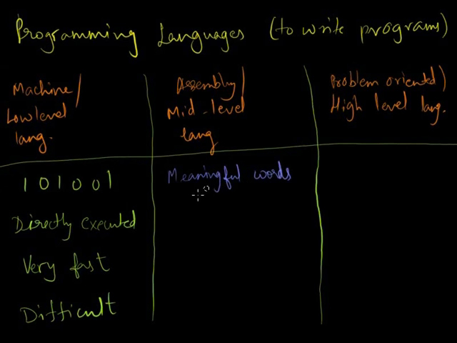Meaningful words like add, if you want to add two numbers, move, moving from one memory to another memory space, and sub. There are a lot of instructions like these. We don't have to give them in binary. We have to give them in English, which have some meaning.